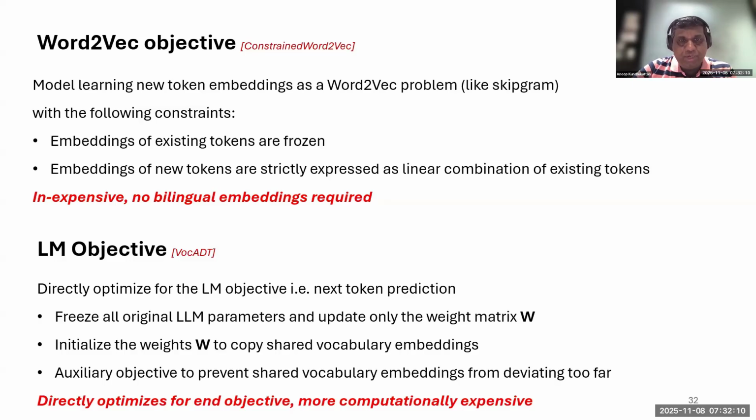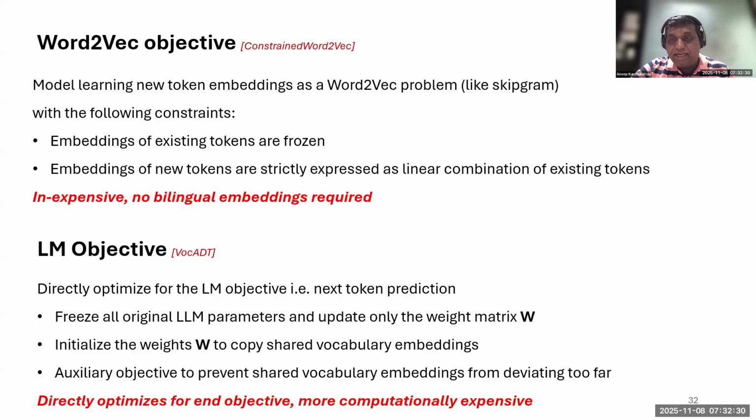The other interesting approach is to directly optimize the objective you are interested in. For the new language, you are actually interested in optimizing the language model objective. So what you can do is optimize for the language modeling objective, but update only the weight matrix for the embedding transformation. Every other parameter in the LLM is frozen.